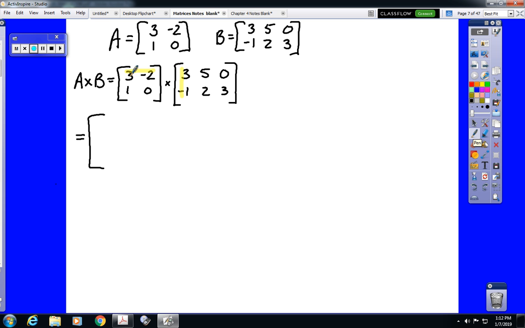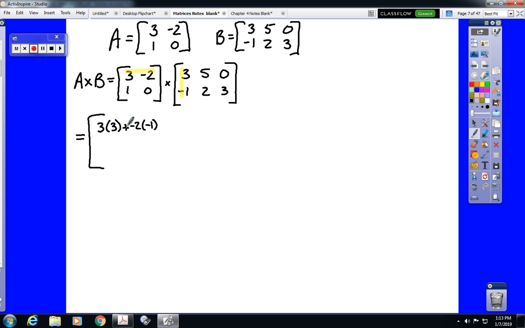So we do 3 times 3 plus negative 2 times negative 1. So that's the first element multiplied plus the second element being multiplied. And this number will reduce down to one number in our answer matrix.